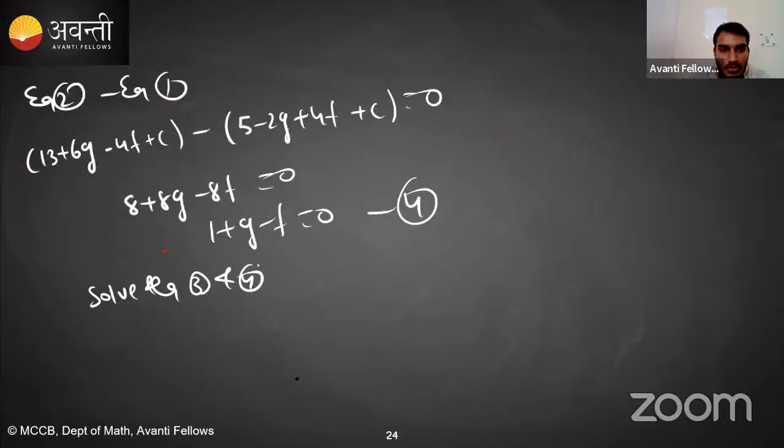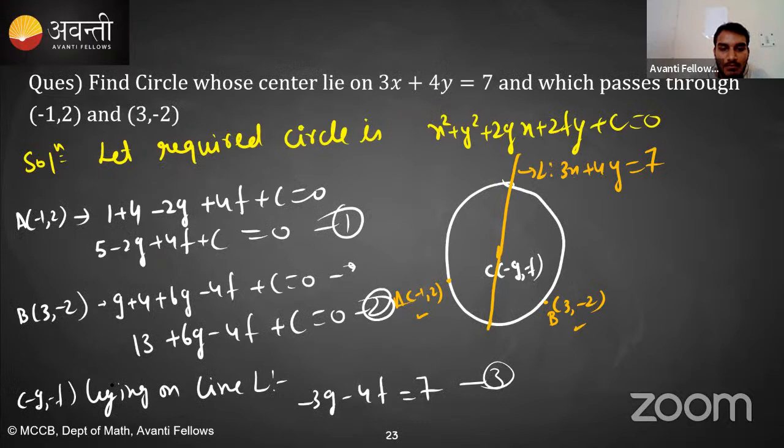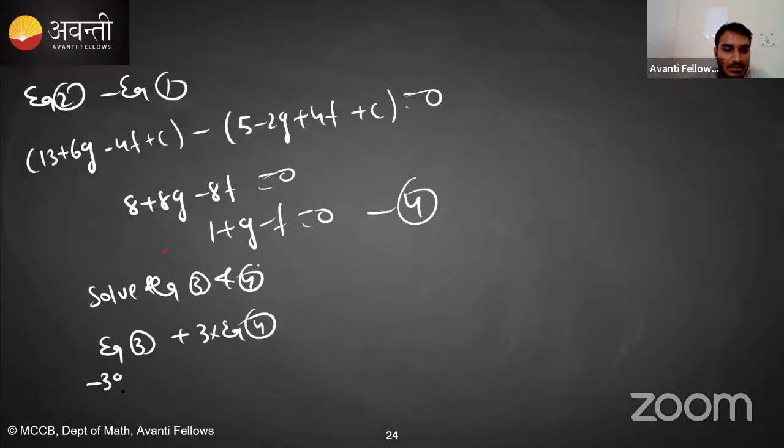What you can do is take equation 3 plus 3 times equation 4. What is equation 3? Minus 3g minus 4f minus 7 plus equation 4 multiplied by 3.